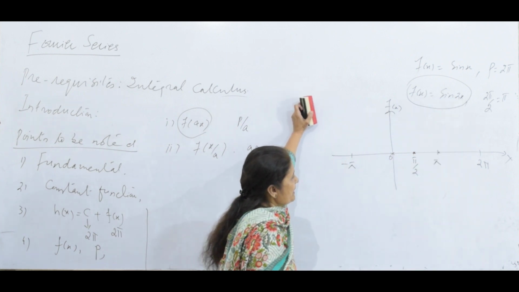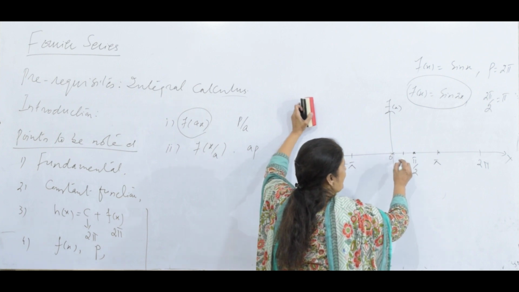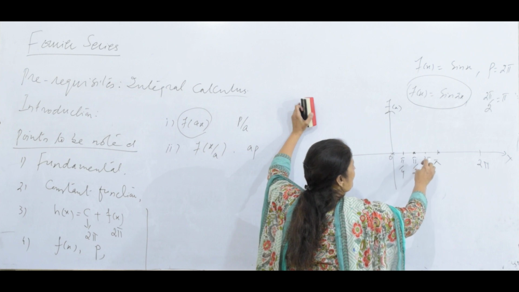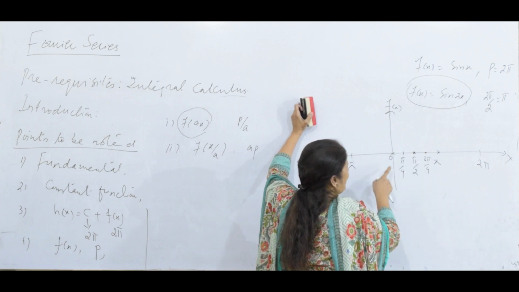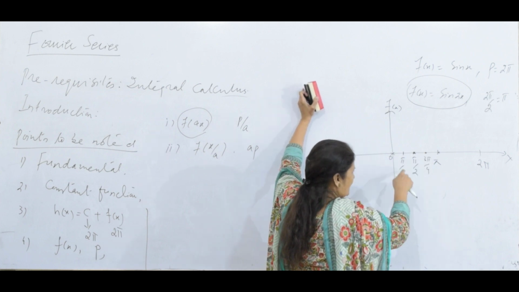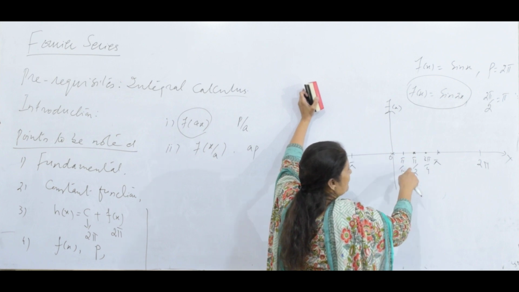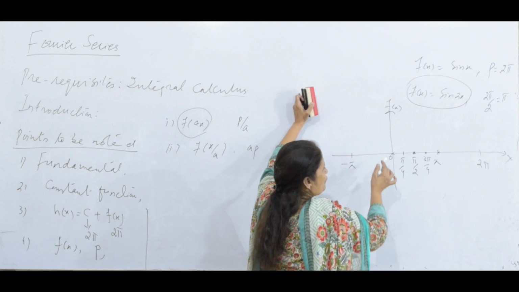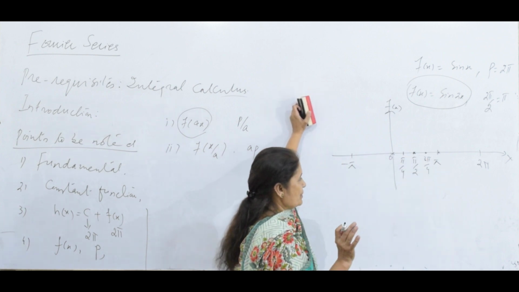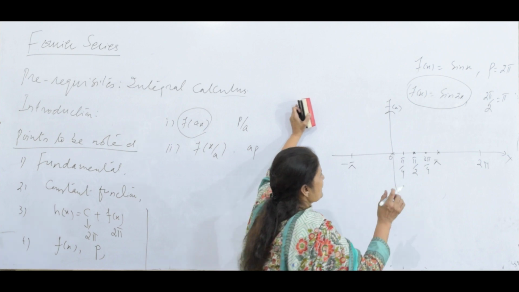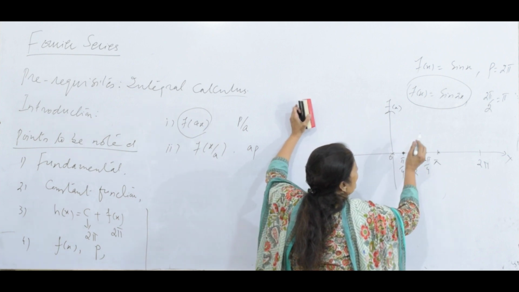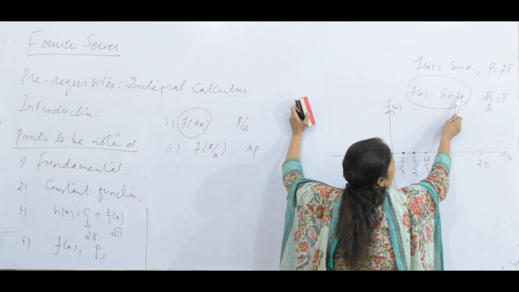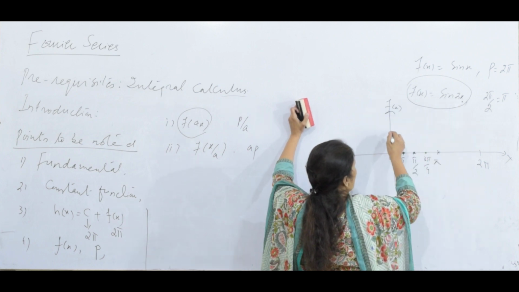It means I have to shorten the interval again. This is pi by 4 and this is 3 pi by 4. So I have 0, then pi by 4 is added, pi by 2, then pi by 4 is added, 3 pi by 4, then pi by 4 is added, pi. So from 0 to pi, I have intervals of pi by 4. At pi by 4, sin 2 pi by 4 means sin pi by 2, which is 1.